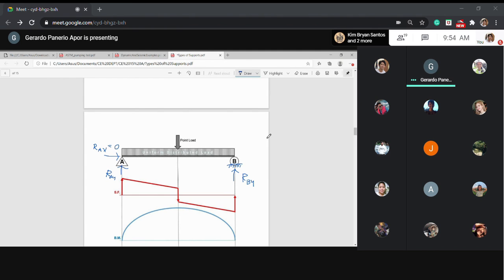Okay. So, you are still lacking one equation. So, either you sum up moment about A equal to 0 or sum up moment about B equal to 0. The reason is, we need to determine the reaction first before determining the internal reaction. So, external reaction first, external forces first.